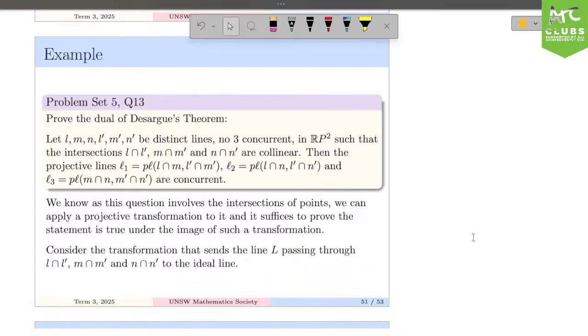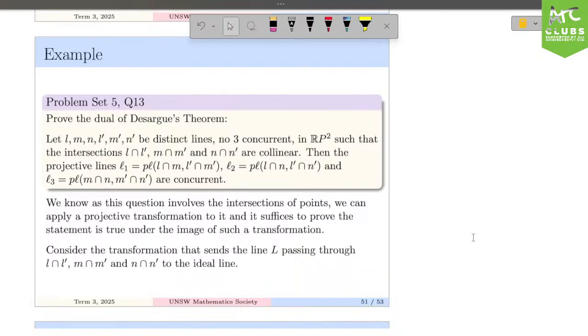So we have L1 is at the intersection of L and M, and L prime and M prime, which is going to be somewhere off here. So this is L1.